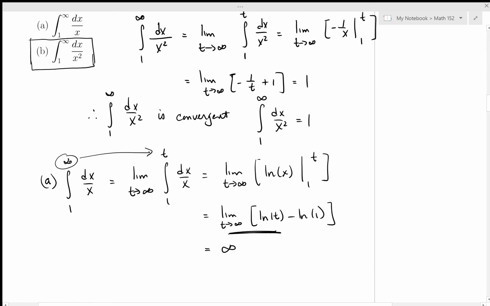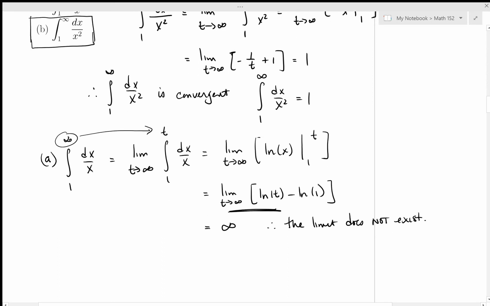The log function becomes infinite when the argument approaches infinity. Therefore the limit does not exist, and we would say that the integral from 1 to infinity of dx over x is divergent. There is no value that we can give.